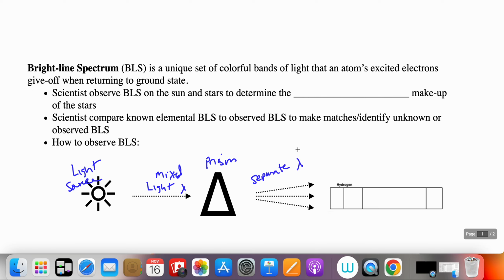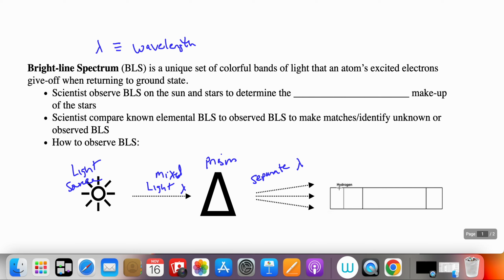And that looks like an upside down Y. It's the Greek letter lambda, and lambda is what science uses to represent wavelength. And then there's an instrument that you can look through, and what it does is it shows you the individual separated light bands.